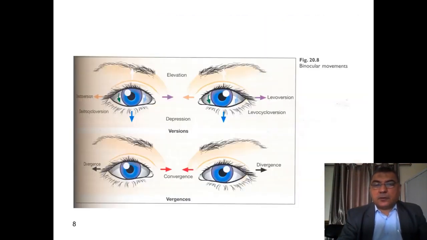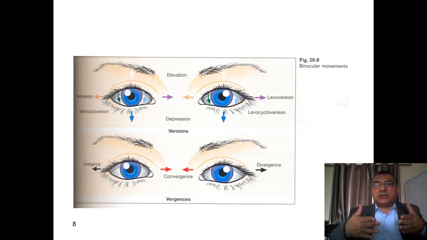There are other types of ocular motility which are different from the vergence. The type which we described earlier is called version, in which the 2 eyes move in the same direction. There is another type of ocular motility called divergence, where the 2 eyes move in opposite directions, as in convergence, which is part of the near reflex: convergence, accommodation, and miosis.